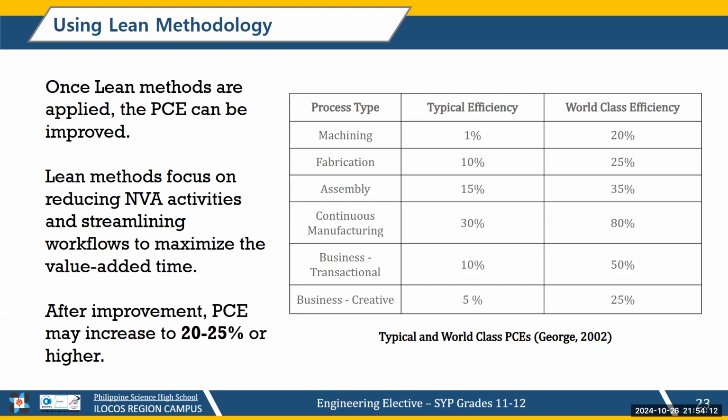So after applying lean methods, according to George, we can increase the PCE to 20 to 25% or higher. So if these are your typical efficiencies in column 2, then in column 3, you have your world-class efficiencies. So you can get as high as 80% in the manufacturing industry.